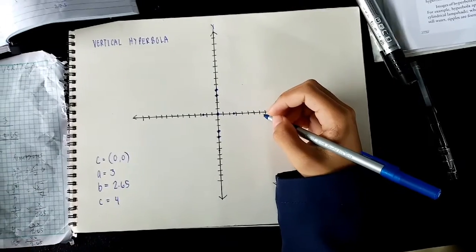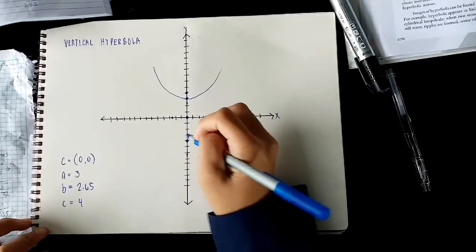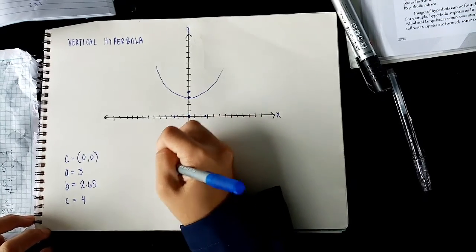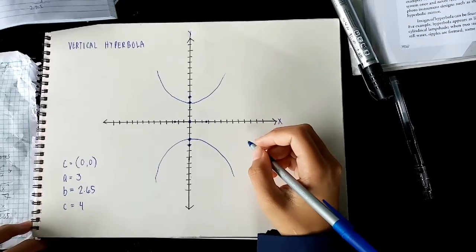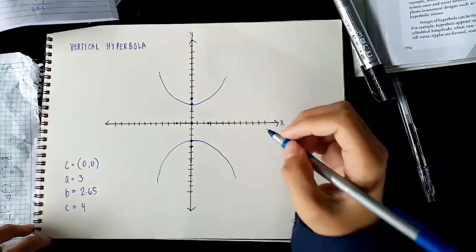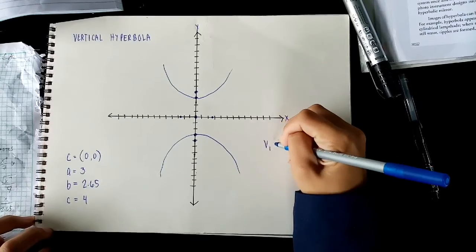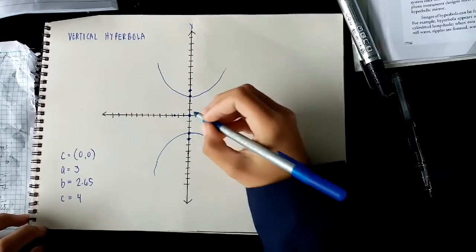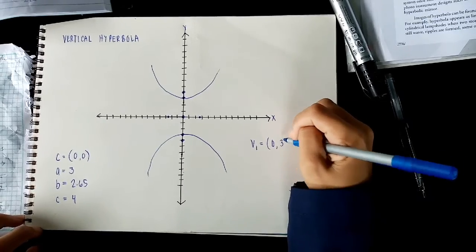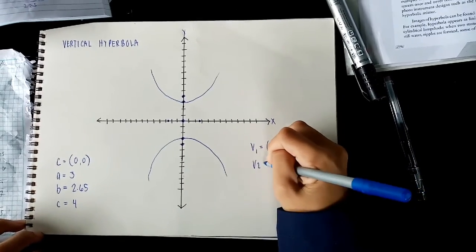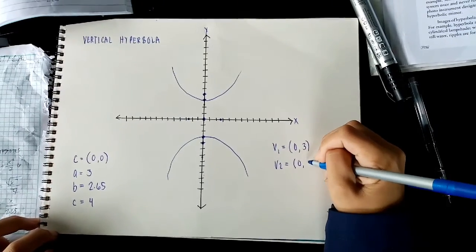Okay, next, put the two vertices on the y-axis, positive and negative. But first, let's put v1 equals (0, 3), the center, and v2 equals (0, -3).